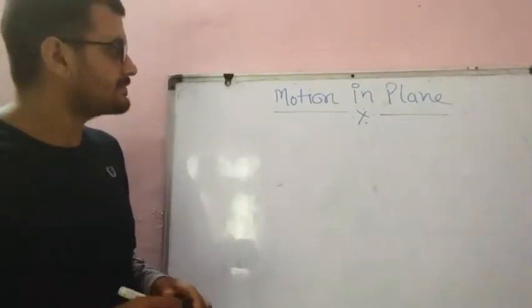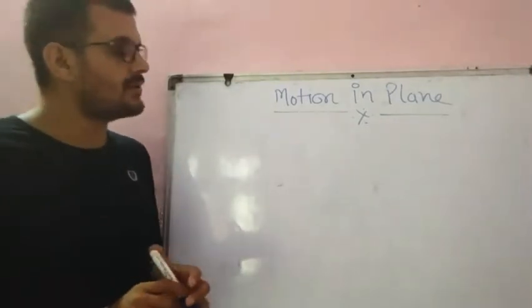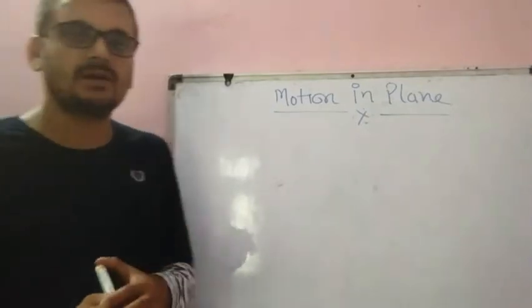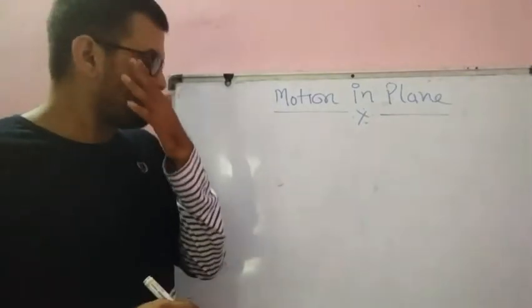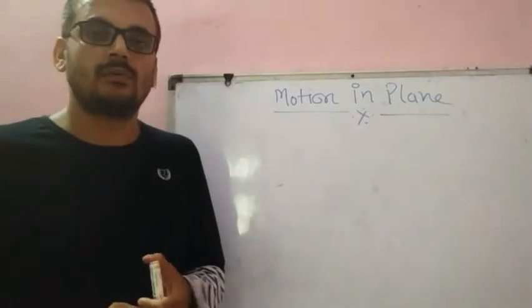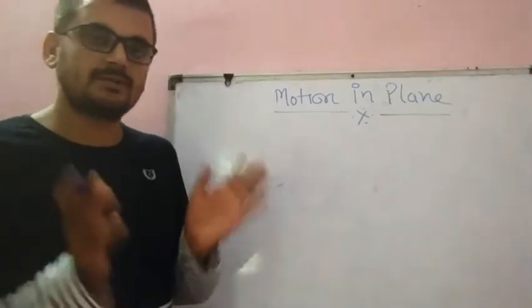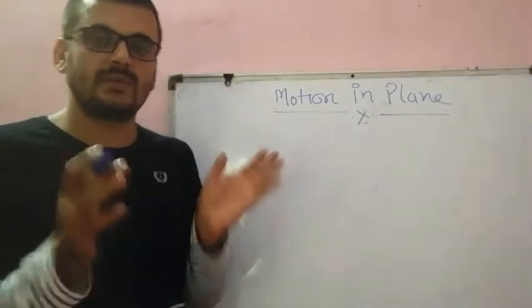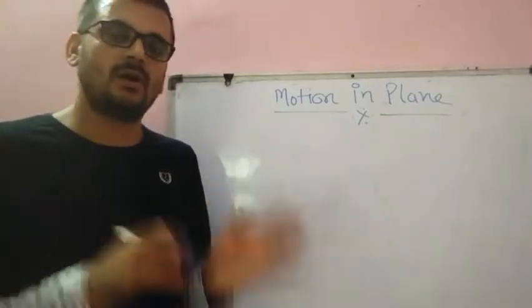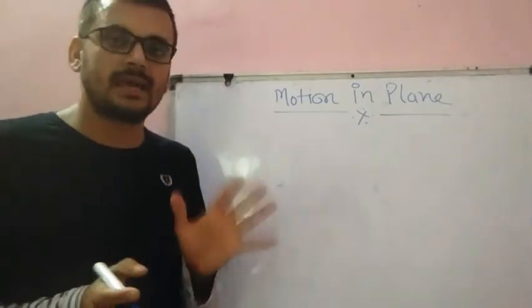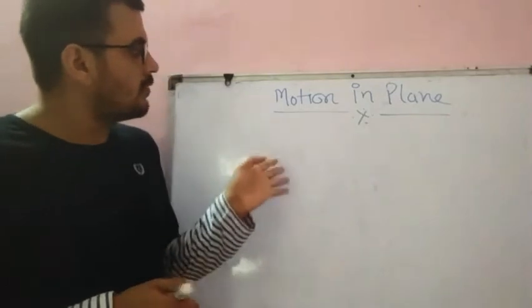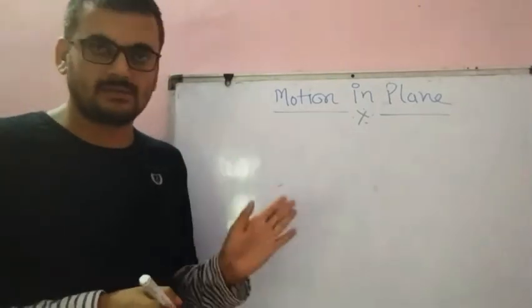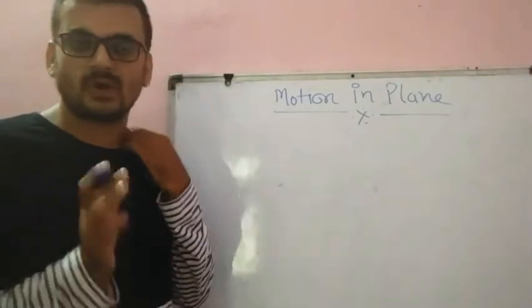So student, first I want to give you some introduction about this chapter. In this chapter we will generally study vectors. First we will study the difference between scalar and vector, which we have already discussed in class 9th. Then we will focus on vectors, meaning types of vector.